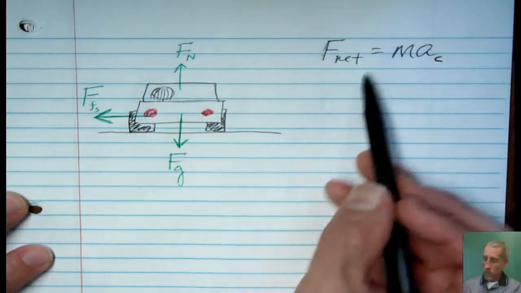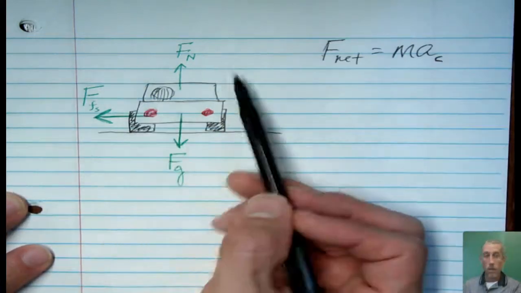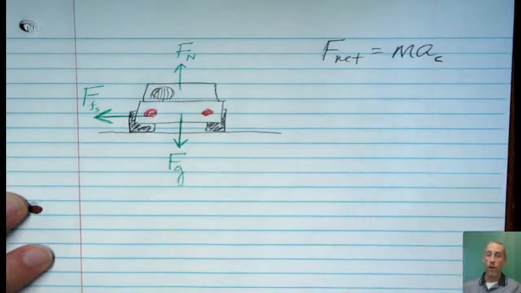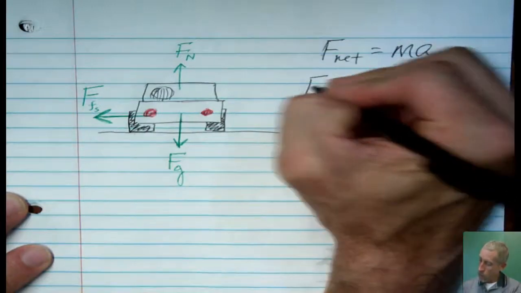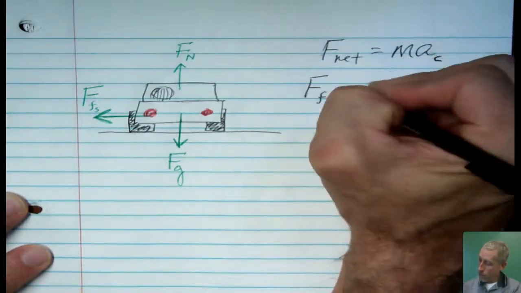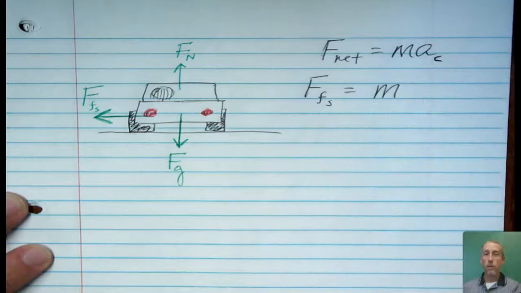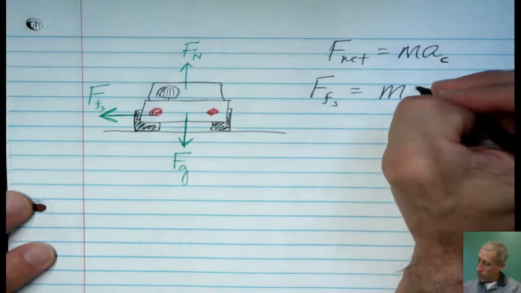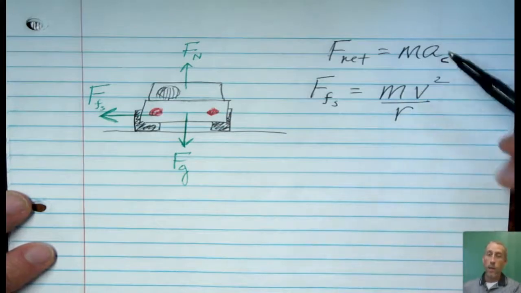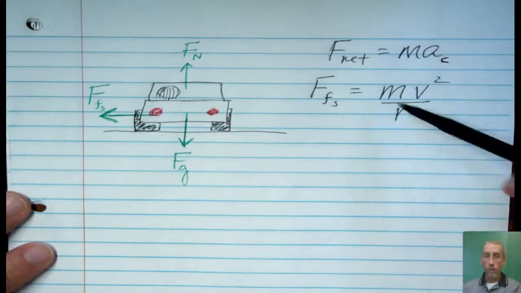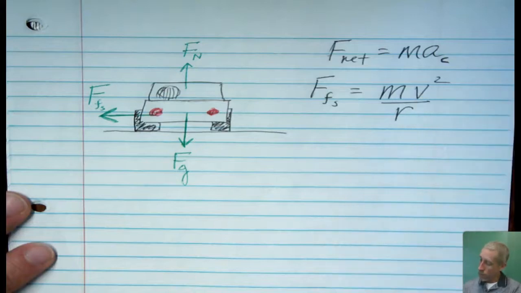I like to customize my equation by looking at my diagram and saying, what forces do I have in the direction of the acceleration? That's only the friction force. So I'll put that in place of my net force. I also like to put in the expression for the acceleration, which is v squared over r. Remember, I'm looking for a velocity, so I had to find a way to get that involved in my relationship, and that's where that popped in.